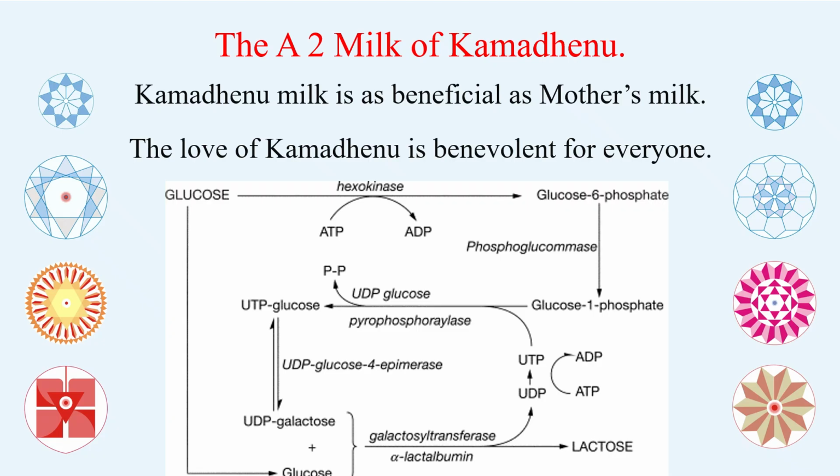Glucose is the primary carbohydrate which is used for energy, but then you have maltose and lactose as such. Milk has lactose, and this process of how glucose is converted into glucose phosphate and then finally to lactose is explained. The cow dung, methane, and milk A2 is lactose as such, and lactose is used effectively for many beneficial things.